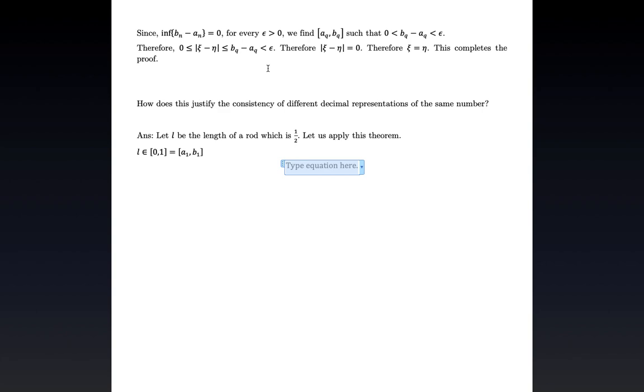Then we see that L falls in two different subintervals, 0.4 to 0.5 and 0.5 to 0.6.